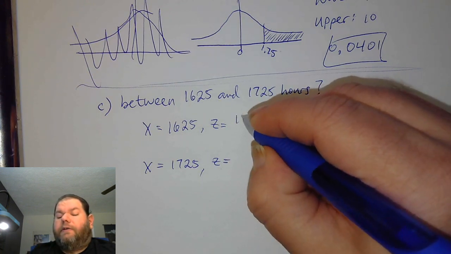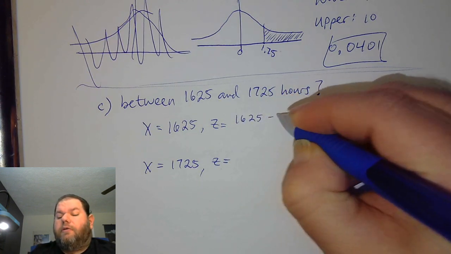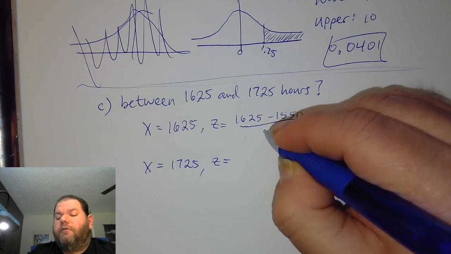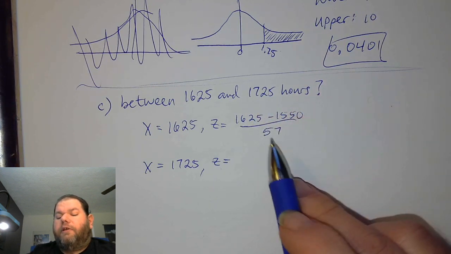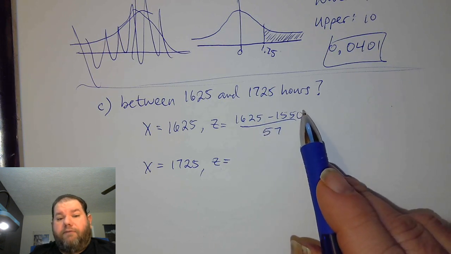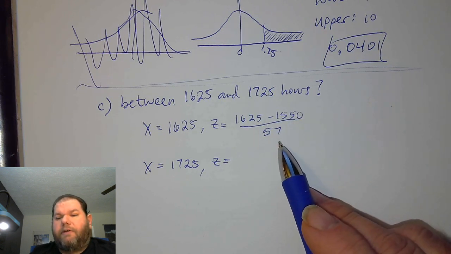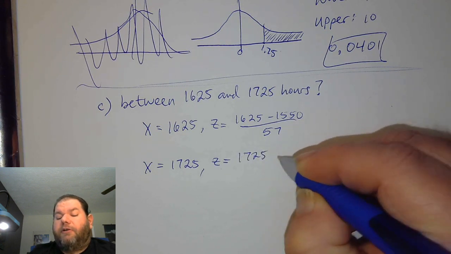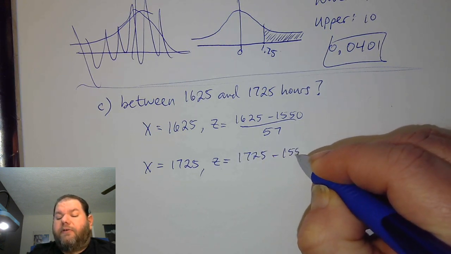So x minus mu divided by sigma. So we'll fill in 1625 minus 1550 divided by 57. X here is 1725, but otherwise the other numbers are the same.